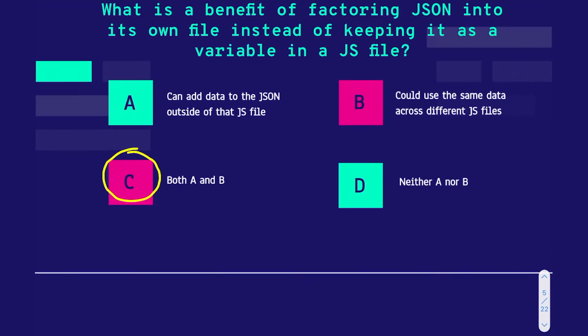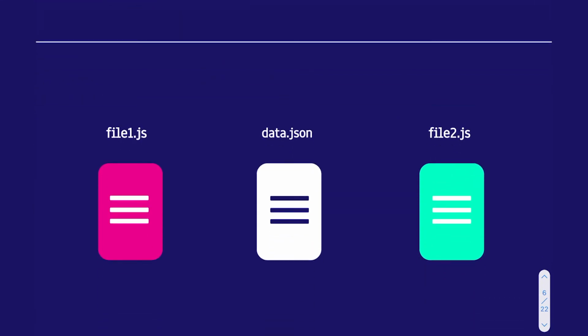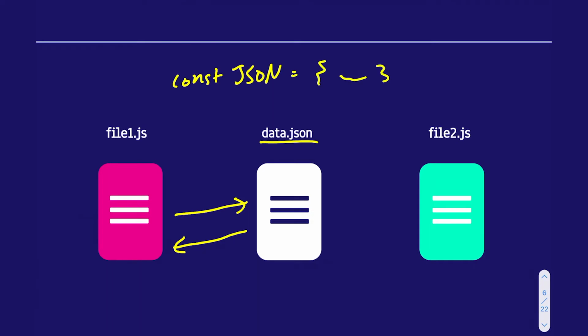Yeah, so let's set up sort of a situation. File 1.javascript is using the data in data.json, and maybe it appends to it and maybe it reads some of that information. If we just had all of that JSON inlined into some sort of constant, what this means is that file 2 can't actually access that JSON.